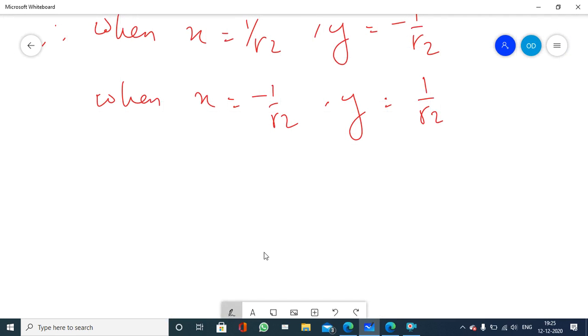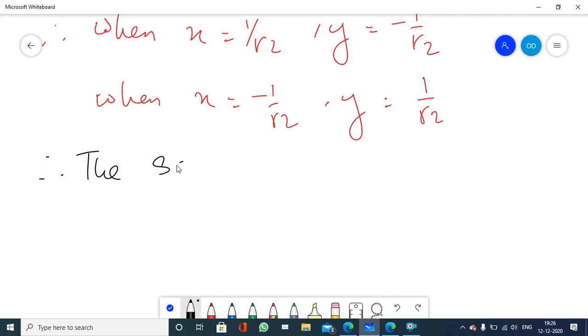Okay. So now we know the square roots of minus i. From the very beginning we have assumed that the square roots of minus i are x plus iy. Then what are those square roots?